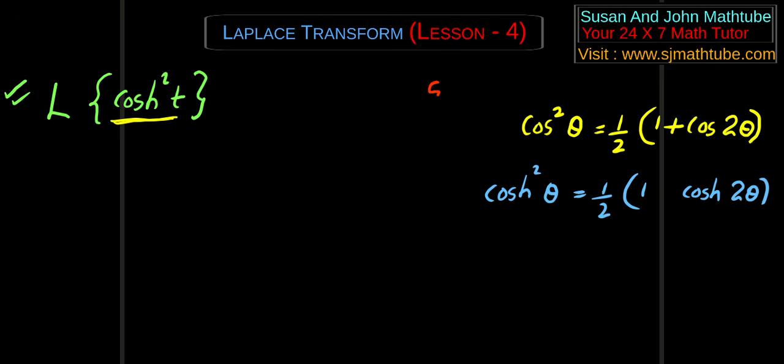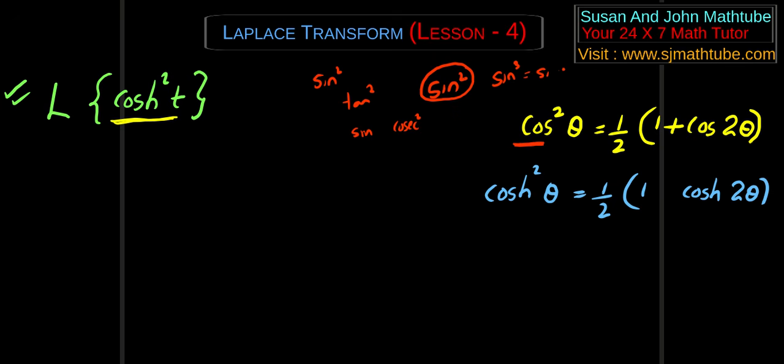Now I am looking for sine square, or an implied effect, a hidden effect. For example, sine square will be hiding inside sine cube, because sine cube is sine square into sine. Sine square may be hiding inside tan square. Sine square may be hiding inside cosec square. So you have to check whether sine square is hiding somewhere, implicitly or explicitly.